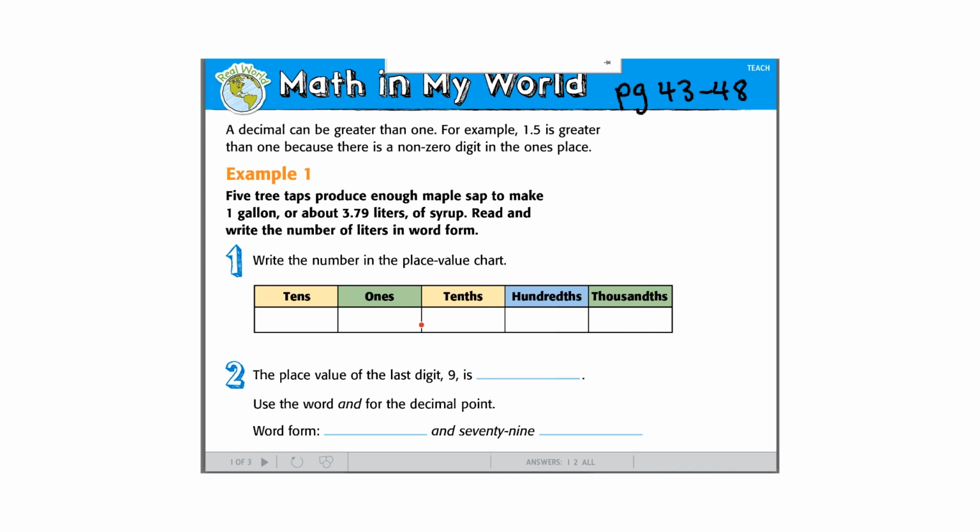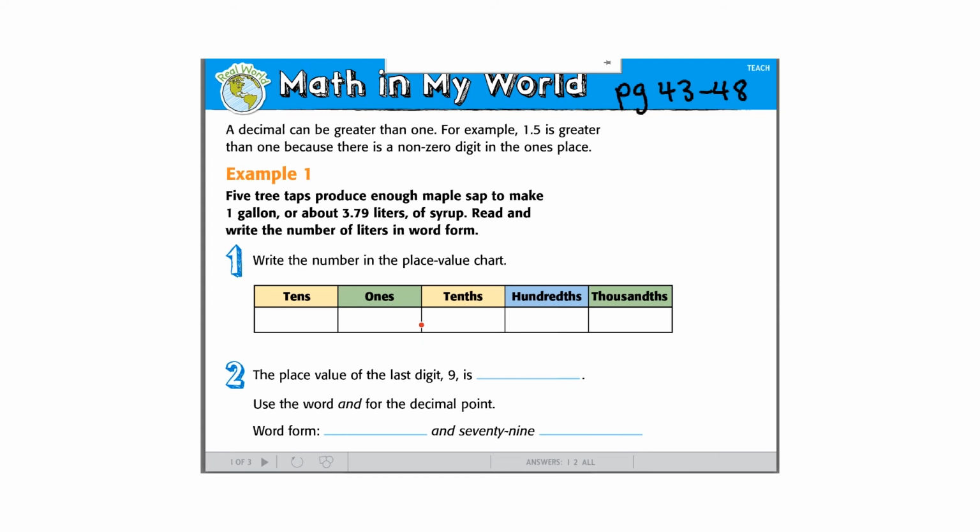Here's the first example. It says that a decimal can be greater than 1. For example, 1 and 5/10 is greater than 1 because there's a non-zero in the ones place. Here's what that means. I'm going to say it again without using these words. 1 and 5/10 is greater than 1 because you have the extra 5/10 there.